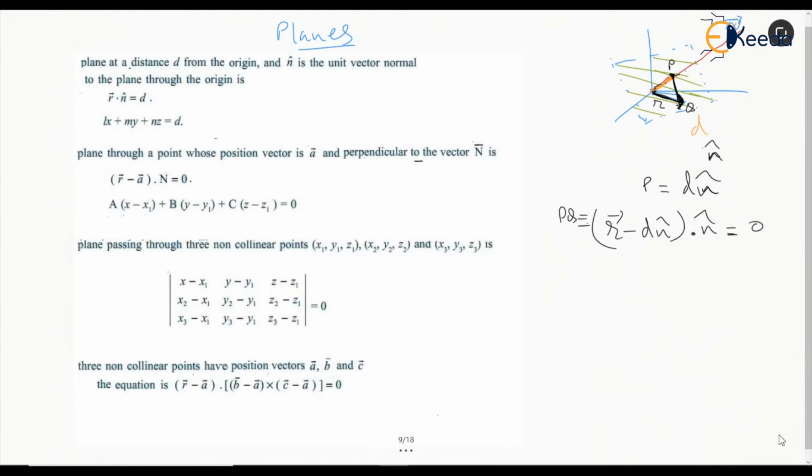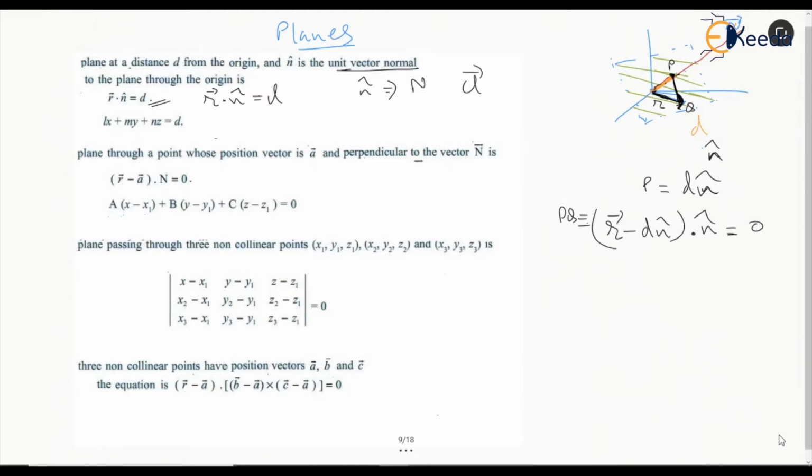And this is how we get this expression of the plane, that is R dot n is equal to d. So what is this n? N cap is the normal vector for the plane, the unit normal vector. And d is the distance of this plane from the origin.